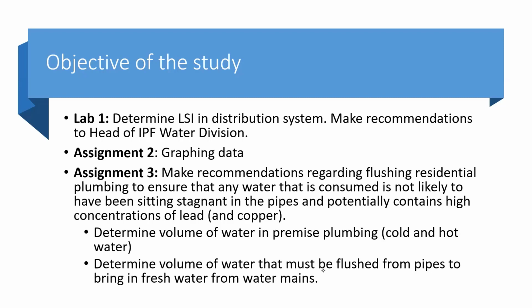And then assignment 3 is going to be focused on making some recommendations regarding flushing residential plumbing to ensure that you're not drinking water that is sitting stagnant in the pipe and could contain high concentrations of lead. So you'll be looking at your own plumbing system for that.